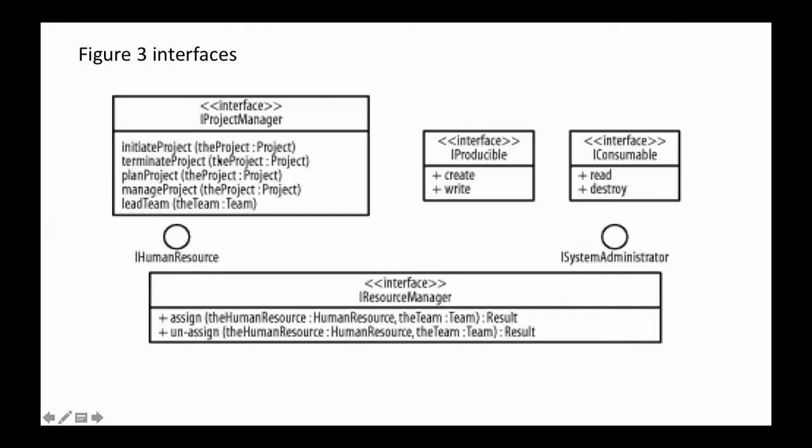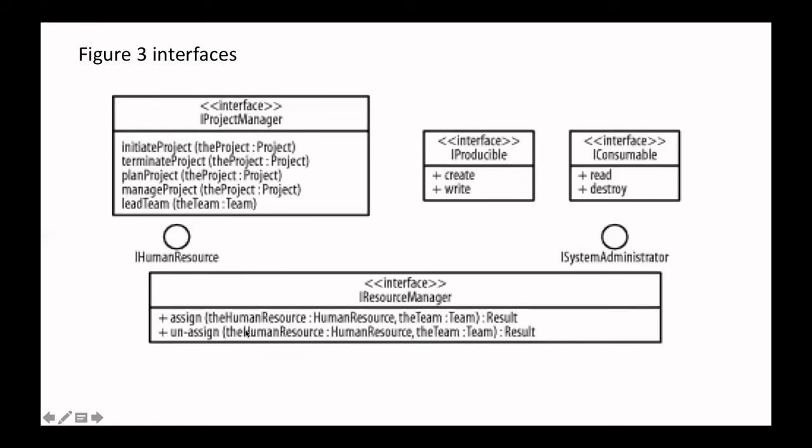According to the operations done by the project manager, initiate project or terminate project, the resource manager works accordingly. If the project is initiated, the resource manager assigns the human resource team, and if the project is terminated, the HR and the team are unassigned.